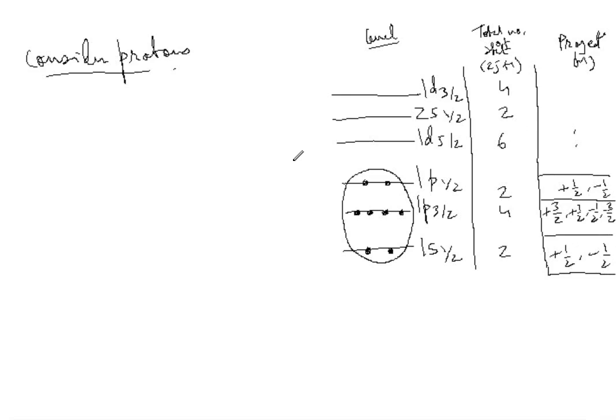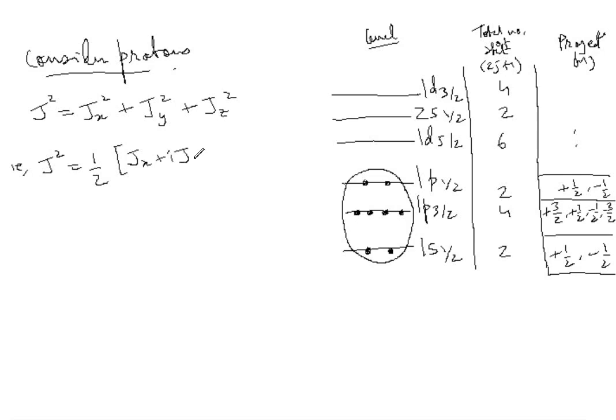Now let me write down the total angular momentum. We know this relation, right? J square is equal to jx square plus jy square plus jz square. That is, we can write j square as half of jx plus i jy into jx minus i jy.